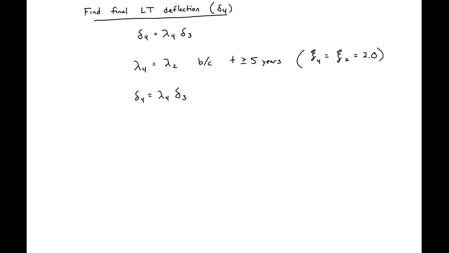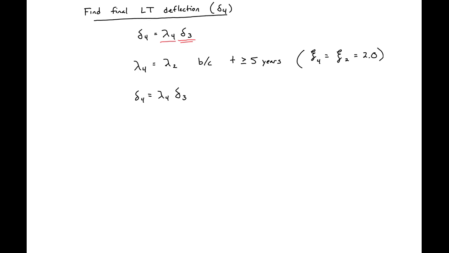Our final deflection component is going to be the long-term deflection caused by that additional live load that wasn't considered before, so the additional 0.8 kips per foot. We found the immediate deflection caused by that 0.8 kips per foot was delta 3. So now to find the long-term deflection of this additional component, we'll just take lambda times that deflection that we found in the previous step.